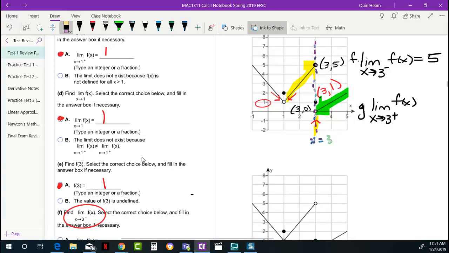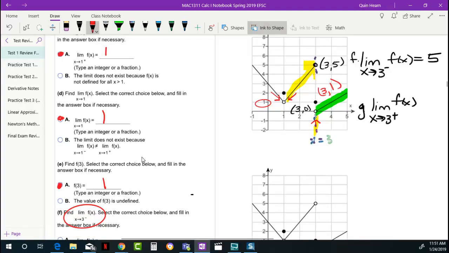I don't know if you can see it very clearly, so I'm gonna erase some of this. Okay, so you see how we're headed towards that open dot. It ends up jumping up to 3, 1, but that's not what we were asked. Limits are not about what happens at the x value, but what happens near it.